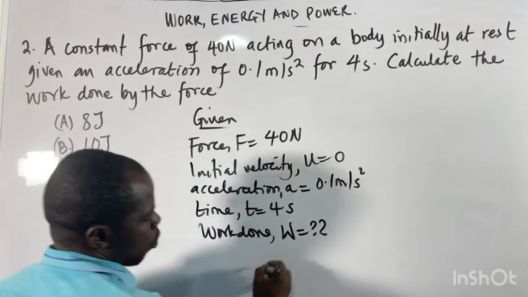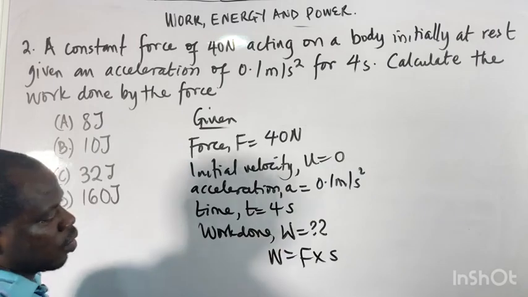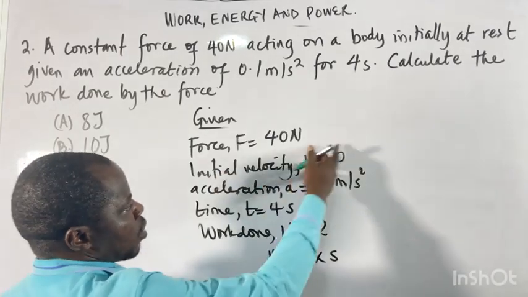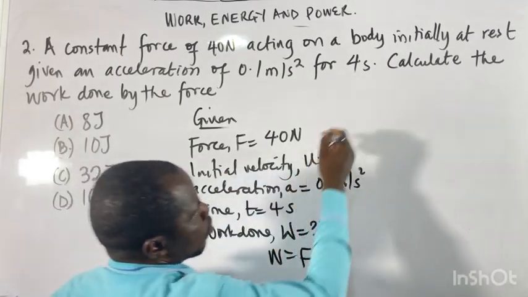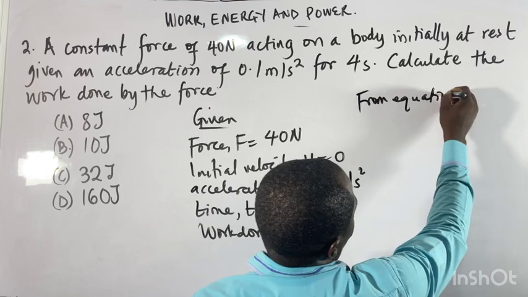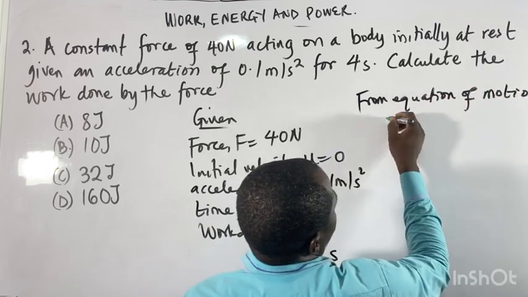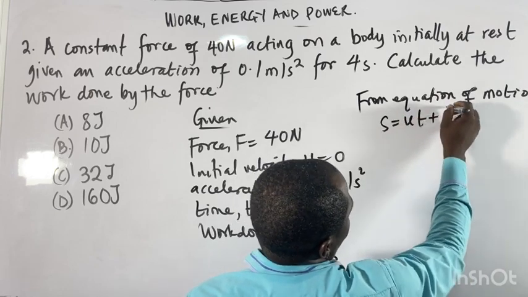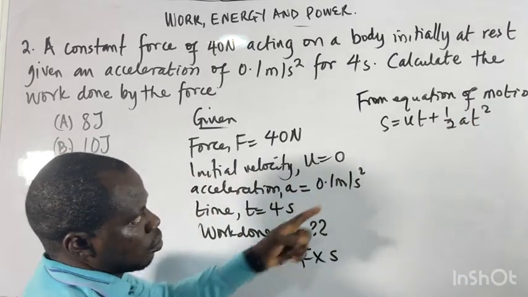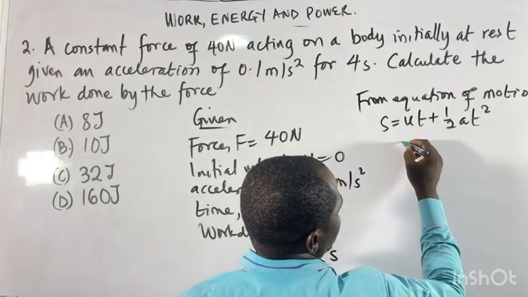And we know that the work done is equal to force times distance. But here we are not given the distance, but we are given other parameters to calculate the distance. From the equation of motion, we could see that x is equal to ut plus half at squared. And here u is equal to 0, and t is known.